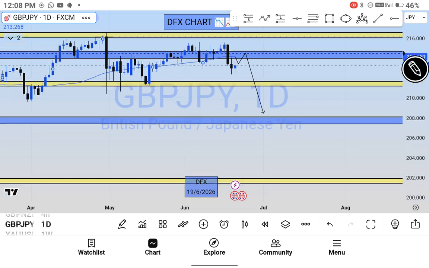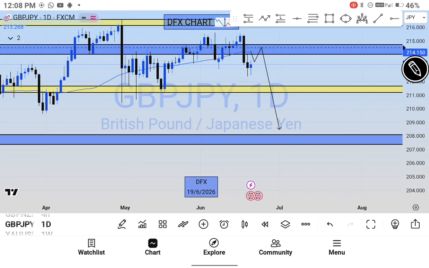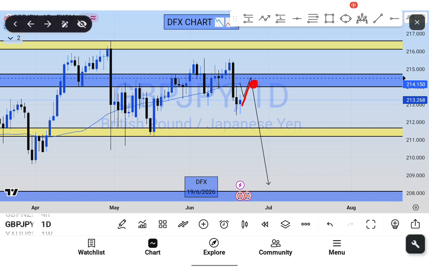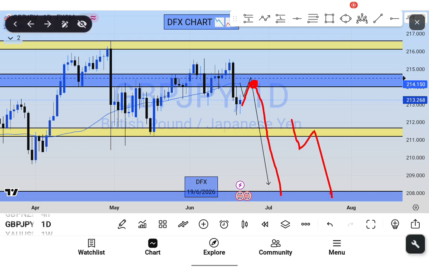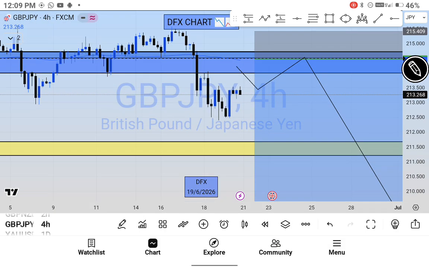Let's break it down. Now on a daily time frame, as you can see, my expectation is I'm expecting the market to pull back to our weekly resistance, then we look for a sell setup from there down to this point. All right, we might also look for more sells when we break above here and below here and start selling.